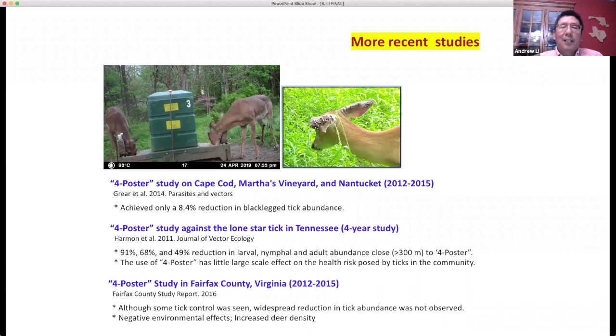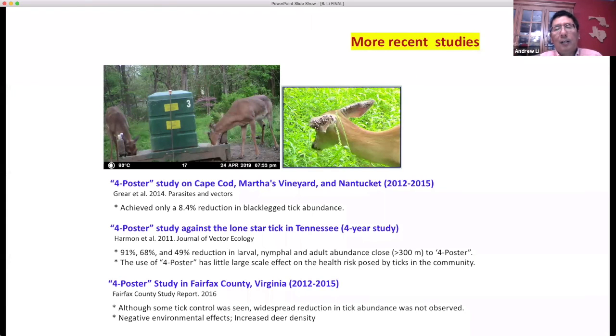Well, since that time, I looked at the literature. There have been 3 studies to further analyze and evaluate the device. One was in Cape Cod, including a couple of nearby islands, one in a retirement community in Tennessee, and most recently, a CDC-supported program in Fairfax County, Virginia.